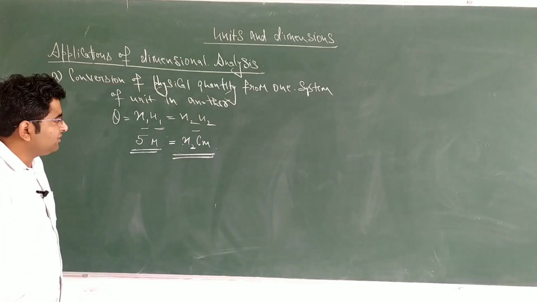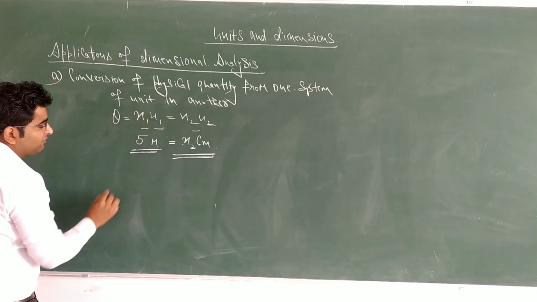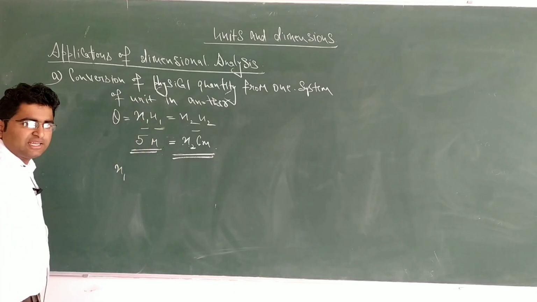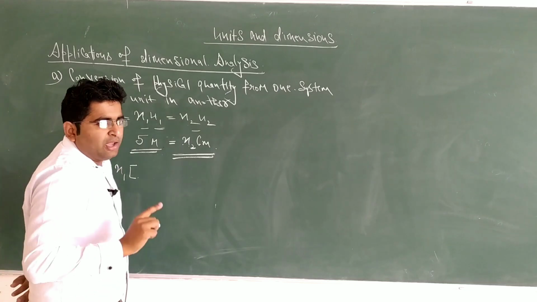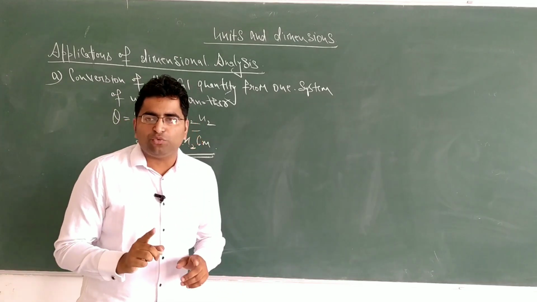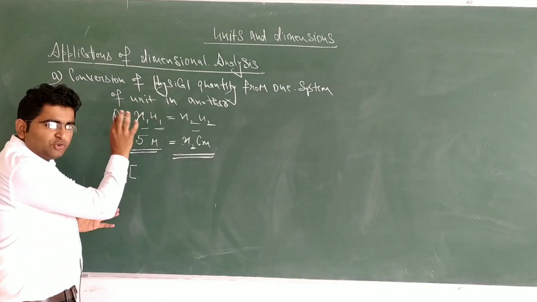First of all, we will write the dimensions of the system of units. Take N1 as it is, U1. One thing, my dear, every dimension we will write in the form of M, L and T. U1 represents the unit in the first system.